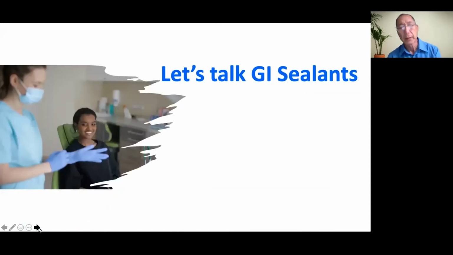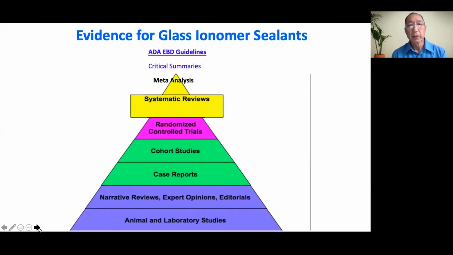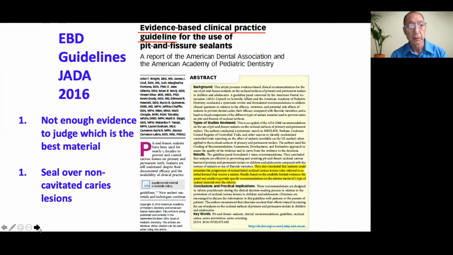So let's jump right in and talk about glass ionomer sealants. The level of evidence for glass ionomer sealants is quite high: systematic reviews, meta-analyses, and above that, critical summaries and the tip-top ADA evidence-based guidelines. In 2016, the evidence-based guideline for sealants came out with two significant findings.